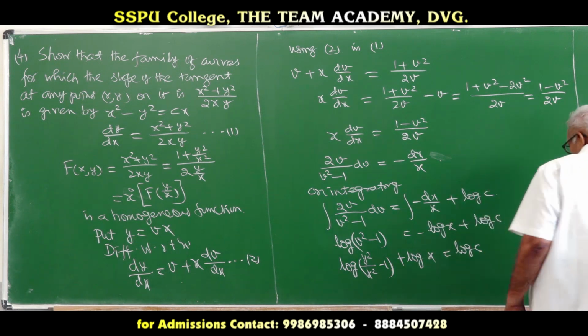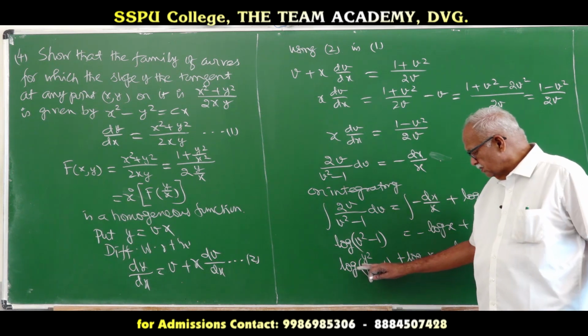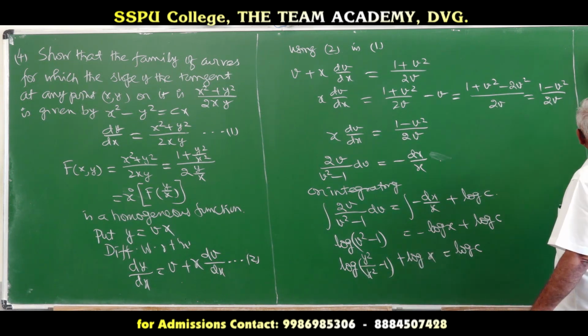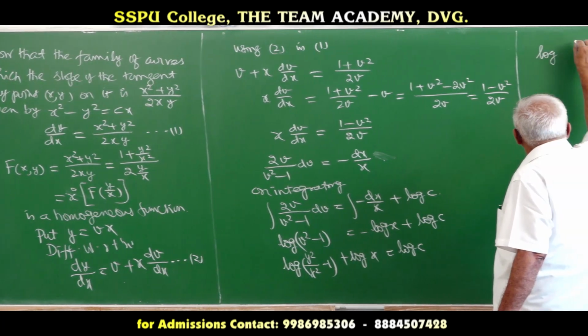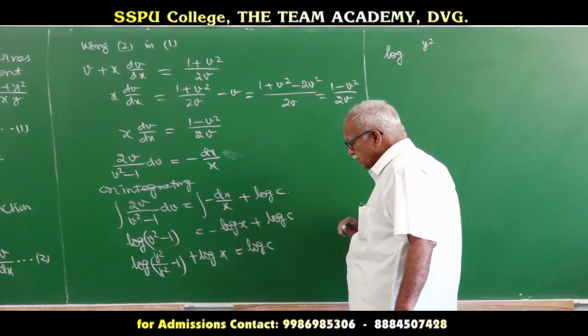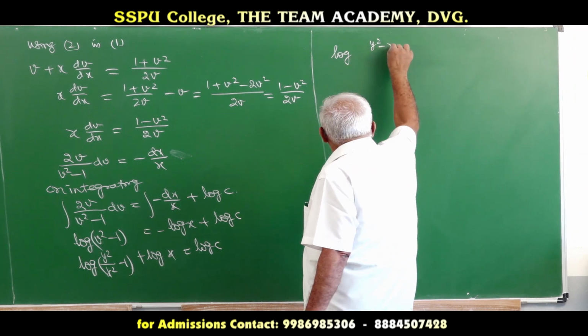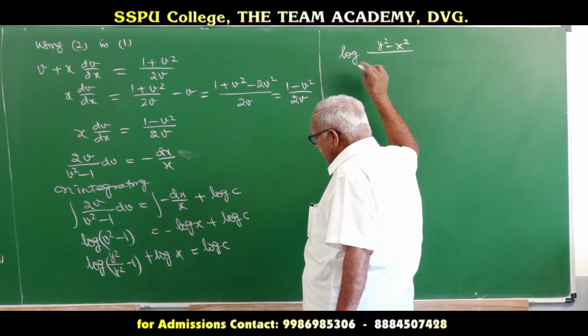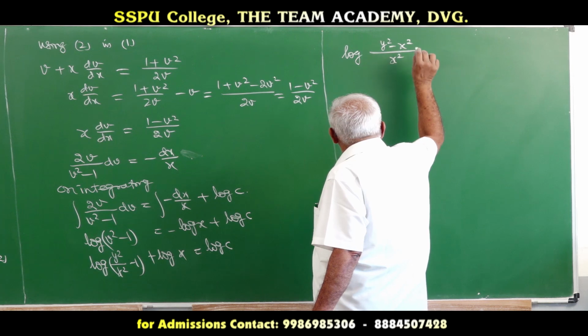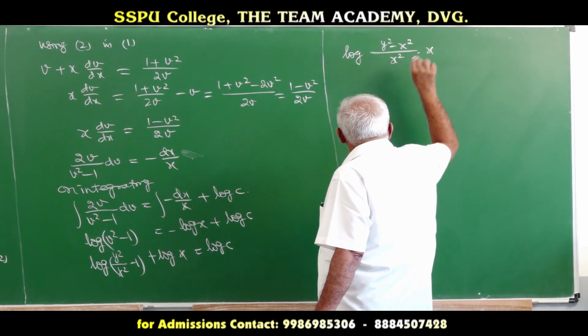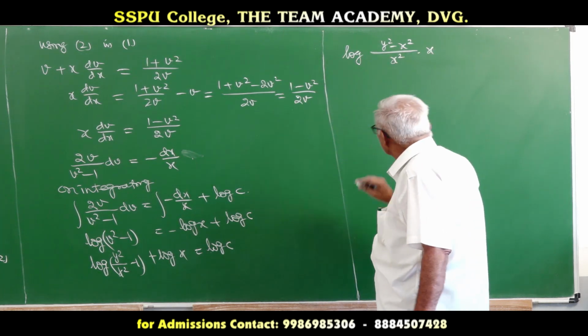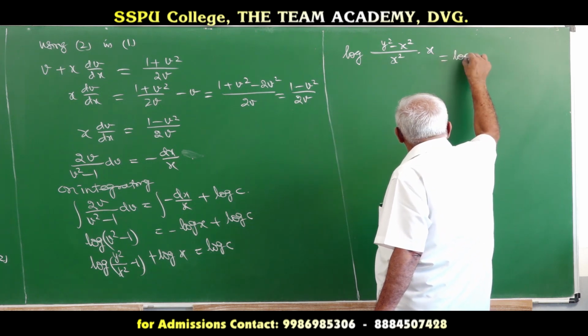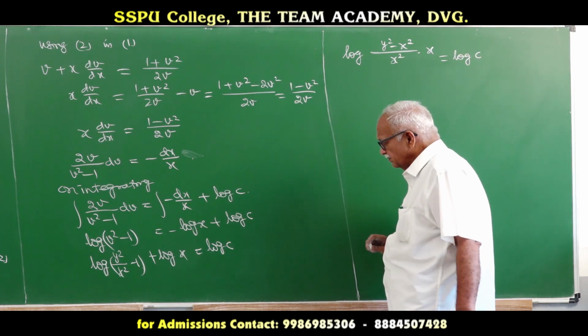How to combine the logarithms? This is log of ((y square minus x square) divided by x square) into x is equal to log c.